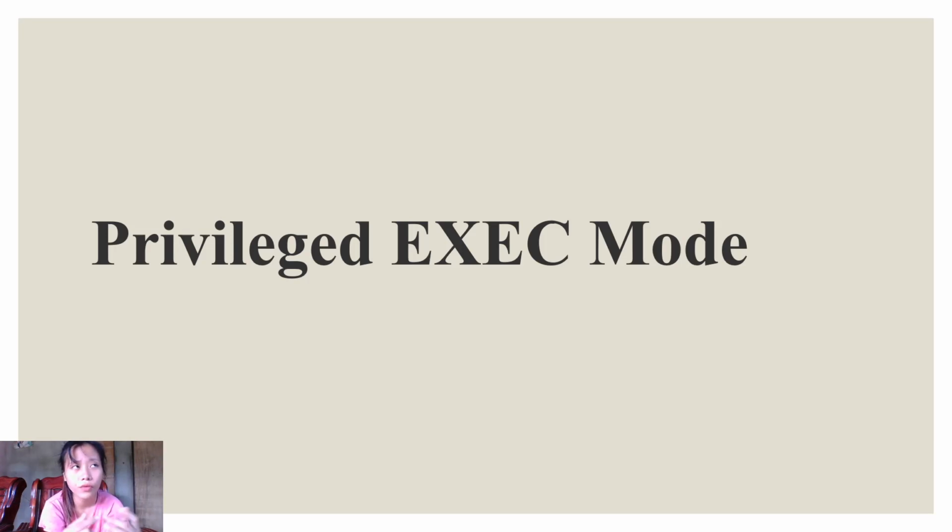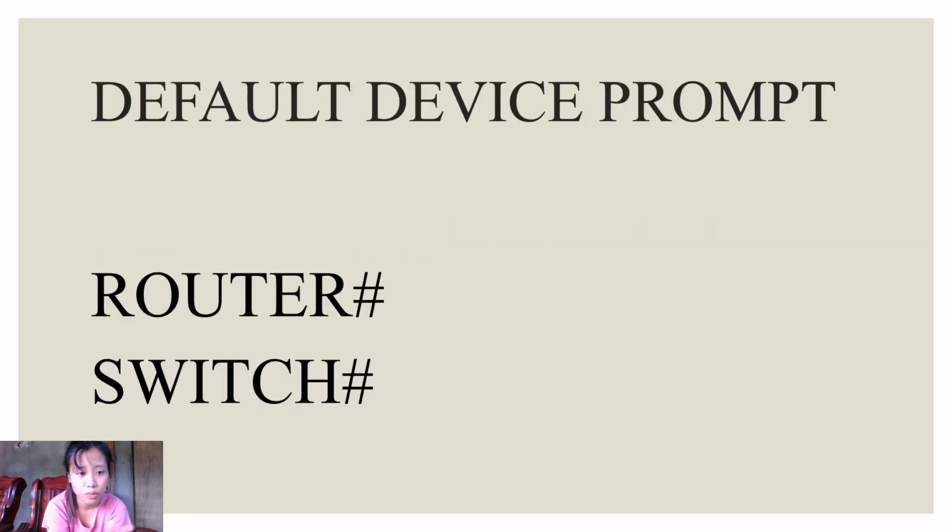The privilege exec mode can be identified by the prompt ending with a number sign, or the hashtag symbol. So this is the default device prompt of the privilege exec mode.